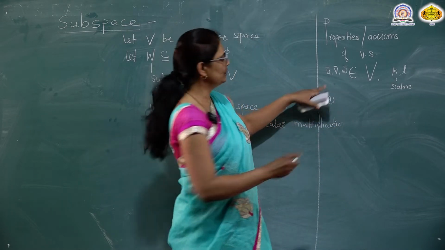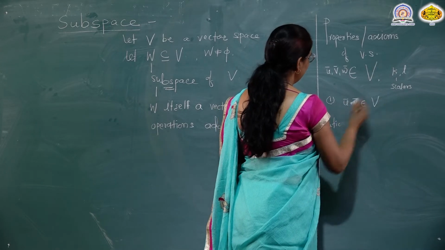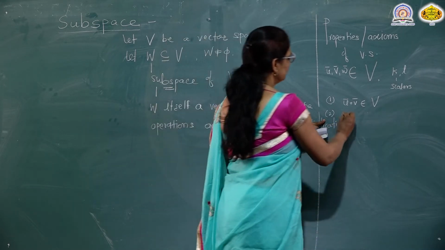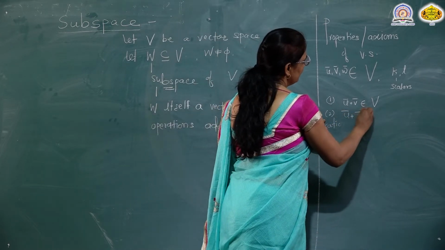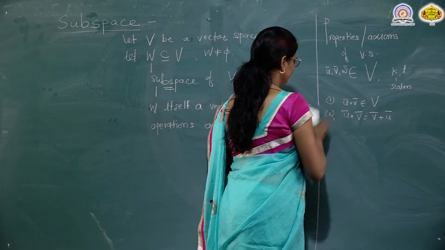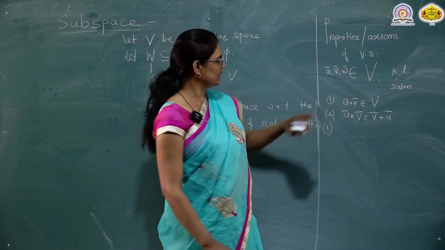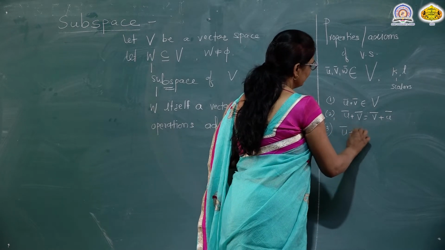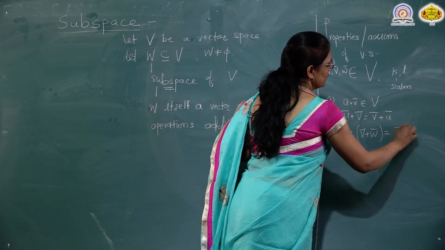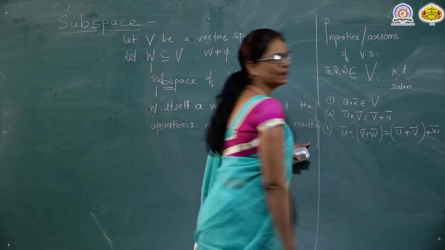vector addition is closed in V, that is u bar plus v bar belongs to V. Second axiom is addition is commutative, that is u bar plus v bar can be written as v bar plus u bar. Third property is addition is associative, that is u bar plus (v bar plus w bar) can be written as (u bar plus v bar) plus w bar.